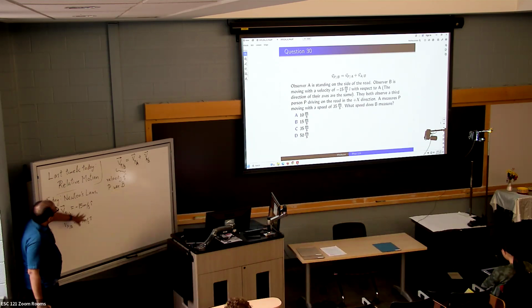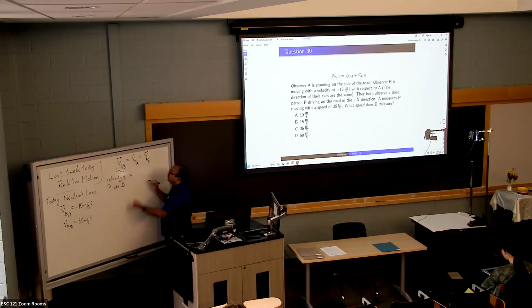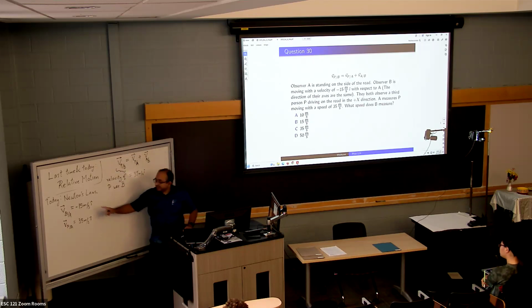All right, so I'm going to try and put them in here. The velocity of P with respect to A, that I have already, 35 meters per second I hat. But this asks me for the velocity of A with respect to B, and what I have is B with respect to A. How can I turn that into it?